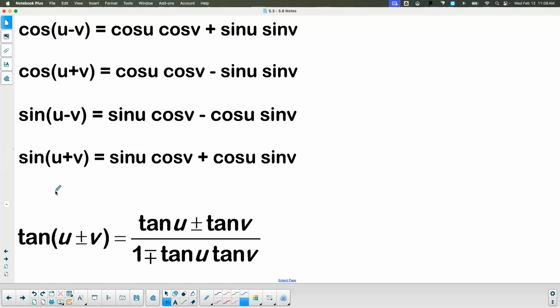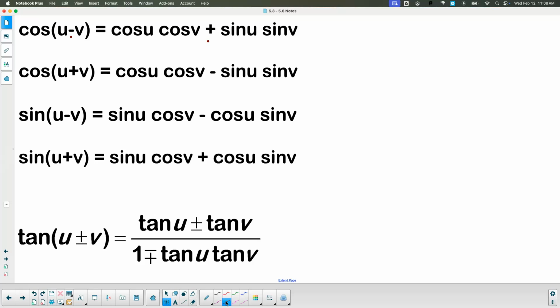Cosine is cosine, sine, and it's opposite the symbol. So if you're subtracting the angle there, then you're adding the cosine and sine. Truth be told, I didn't memorize 18, 19, and 20. I memorized the pattern, to make it easier on me.